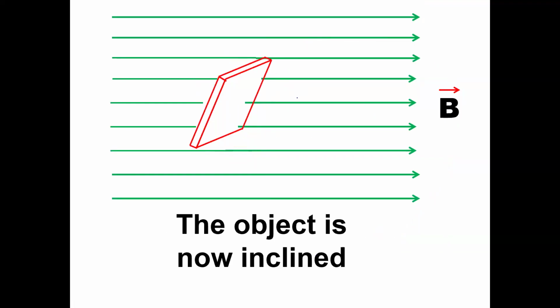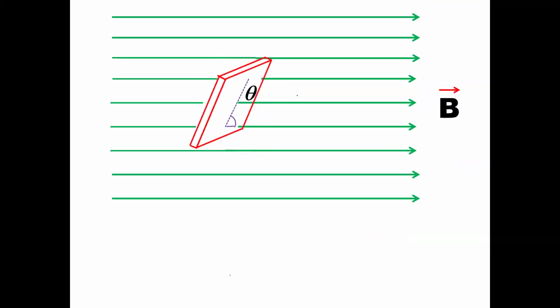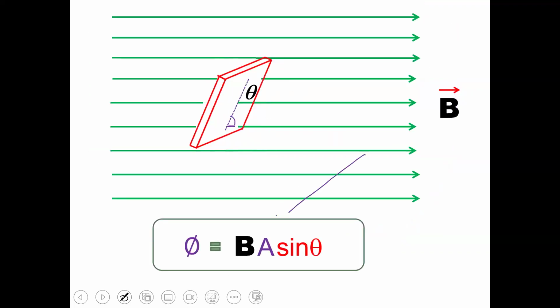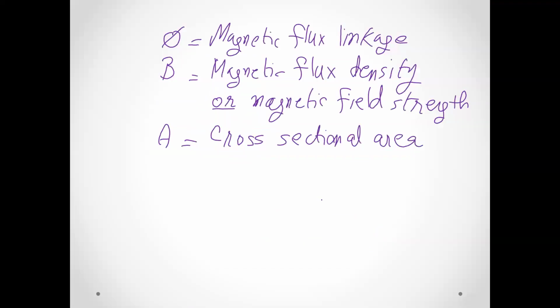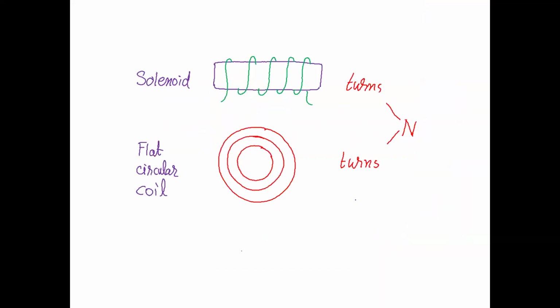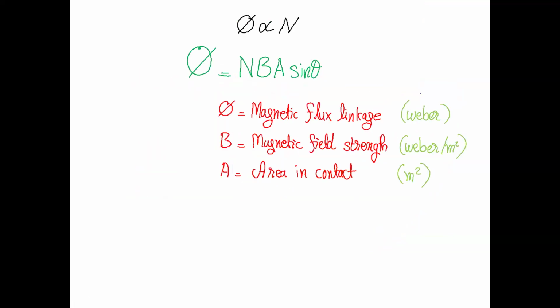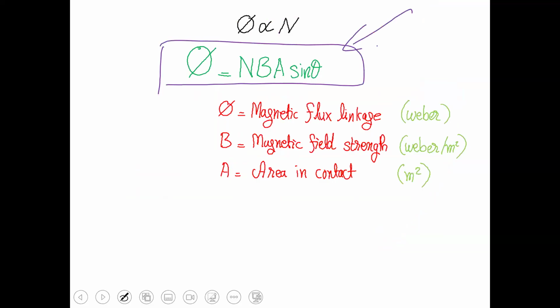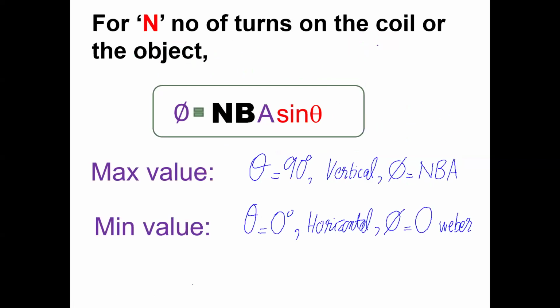And what was the concept of the formula? Look at the formula for flux linkage. In our first approach, what was the formula? B A sine theta. And then why did we introduce the concept of N? What is N? Number of turns. So the formula will become NBA sine theta.